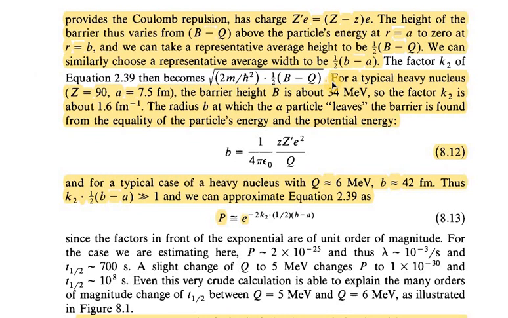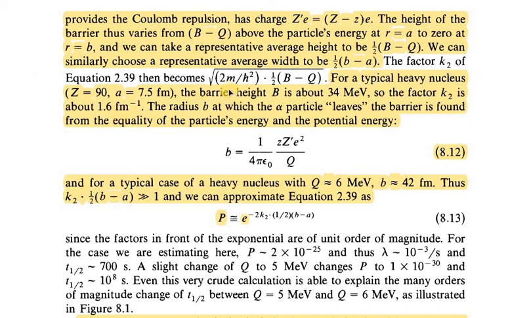We can similarly choose a representative average width to be half into b minus a. For a typical heavy nucleus, Z equal to 90, a equal to 7.5 femtometer. The barrier height B is about 34 MeV. So the factor K2 is about 1.6 per femtometer.